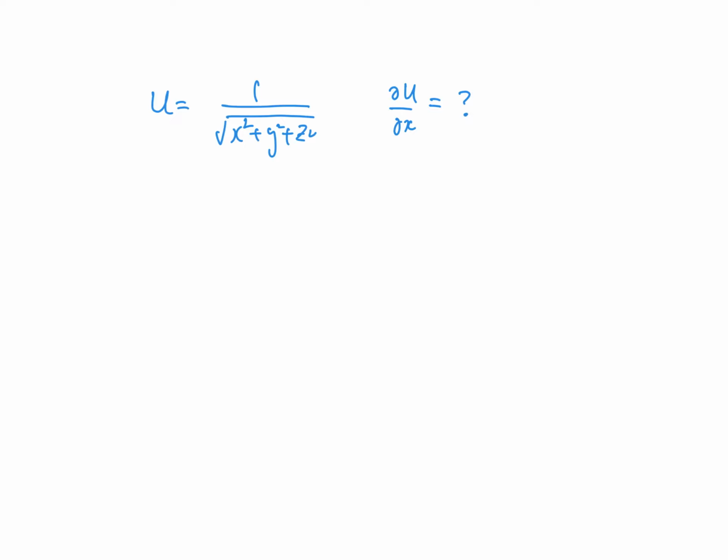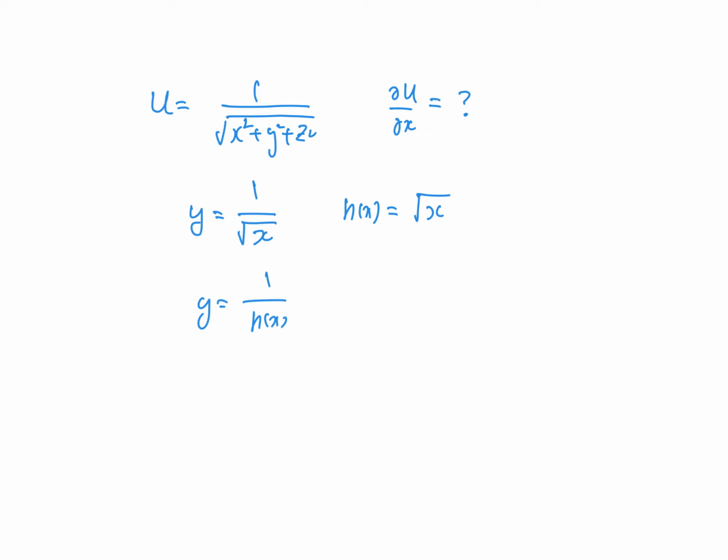So let's start with this: one over the square root of x. You can also use the chain rule. For example, h(x) is the square root of x. Then y is 1 over h(x), right?